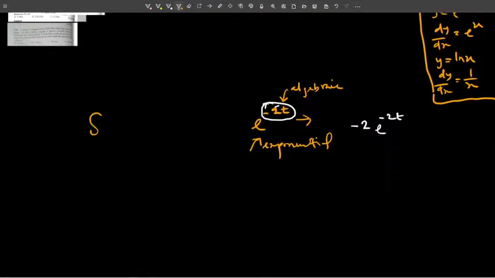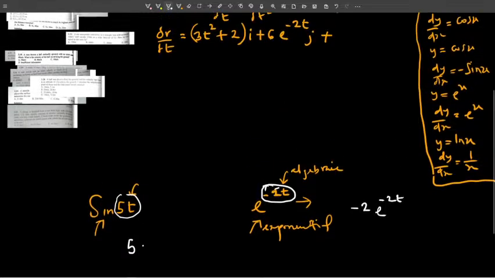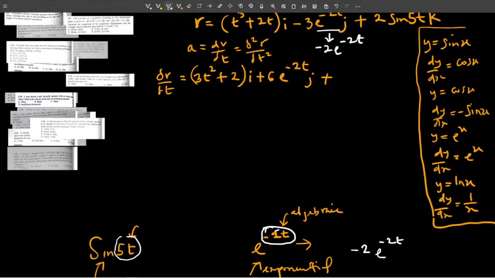Let me bring it down here, sine 5t again. This is an algebraic function, this is a trig function. The same way I did this, differentiate the inner function first, differentiate this part, the inner function. What would that give me? That will give me 5, times, now differentiate the entire function. This is sine something. Let's go back to my rule here. Whenever you're differentiating sine something, it gives you cos of that thing.